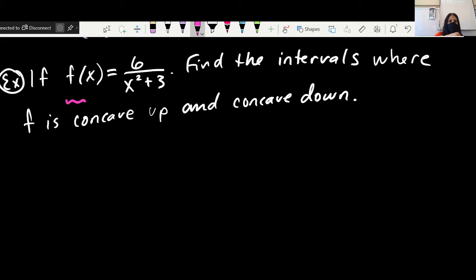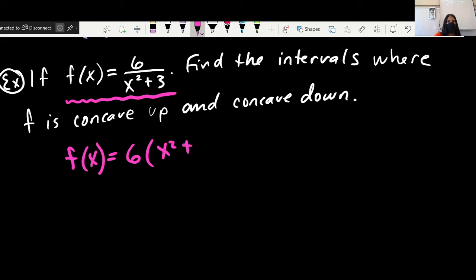So if we have this function this time, f of x equals 6 over x squared plus 3, you don't have to do it this way, but I find oftentimes it makes it easier if we change this to x squared plus 3 to the power of negative 1. You could have done the quotient rule and worked your way through it that way. But by setting it up this way, I think it makes it a little bit easier for us to work with. And then we can work our way through it as we normally would.